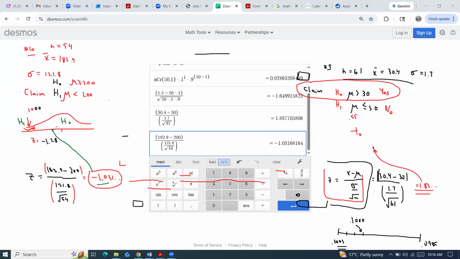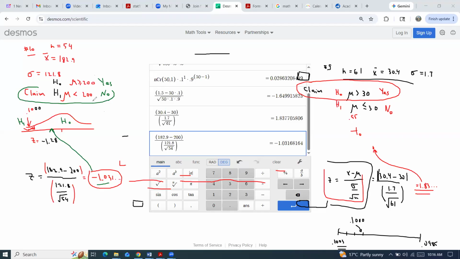It's here. It's in H0. So you say yes to H0. As usual, whatever region the number is in, you say yes, and the opposite, you say no. But your claim happened to be in H1. They decided to claim it's less. So it is not less.